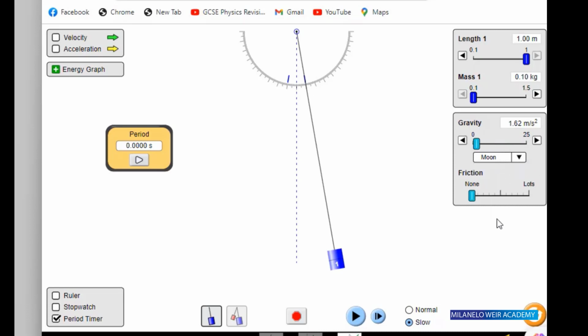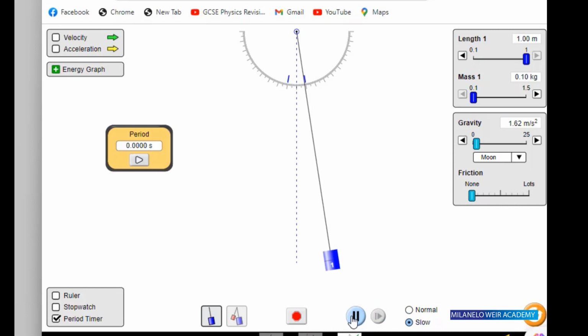The moon's gravity is 1.62 meters per second squared. That's okay. We chose the moon. The friction is zero, no friction. Okay, so we are going to start our pendulum to swing.